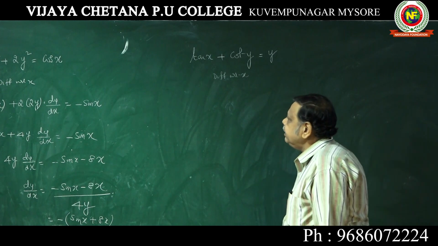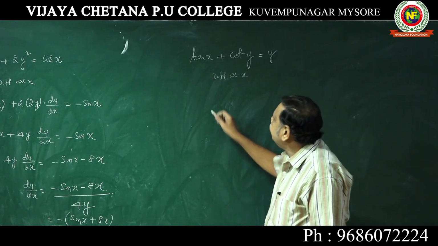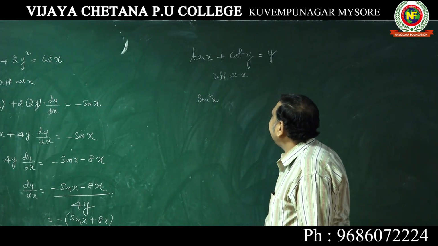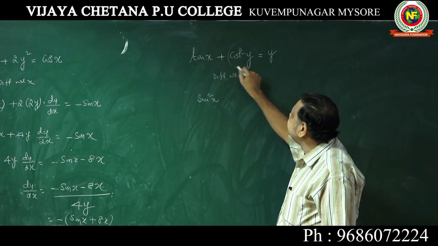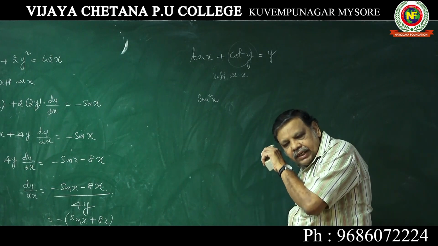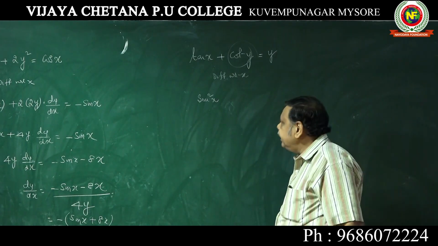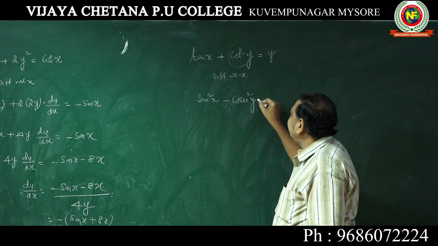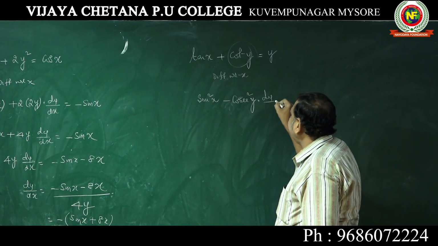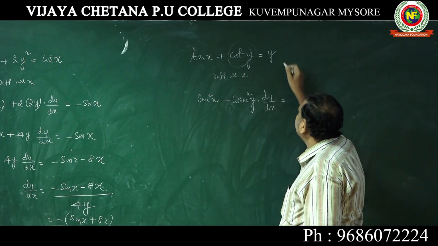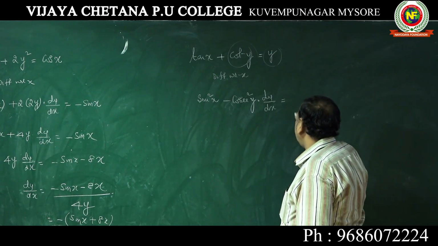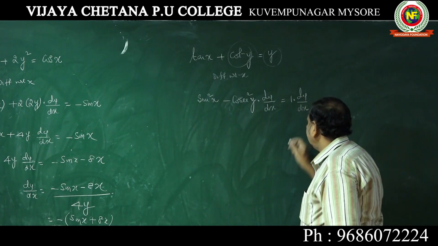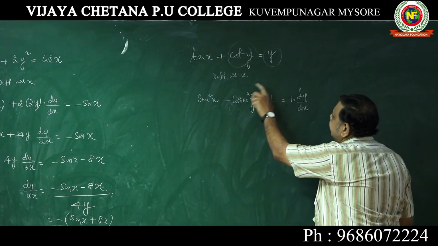When you differentiate with respect to x, you will get tan x differentiation, secant square x, plus cot y differentiation. Cot y differentiation is, you know, whenever it starts with c, it is minus cosecant square y into dy by dx, you should write, is equal to y differentiation, 1 into dy by dx. Now your duty is to bring this dy by dx this side.